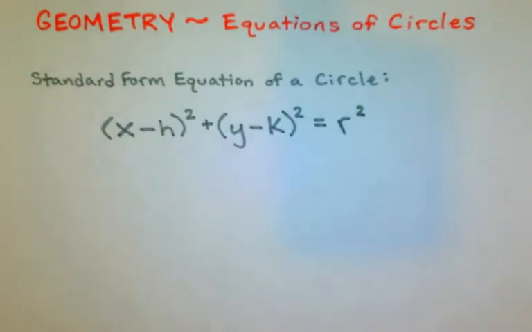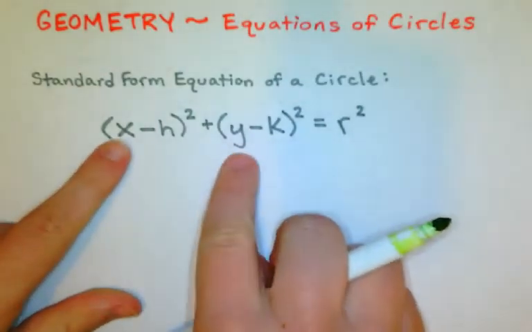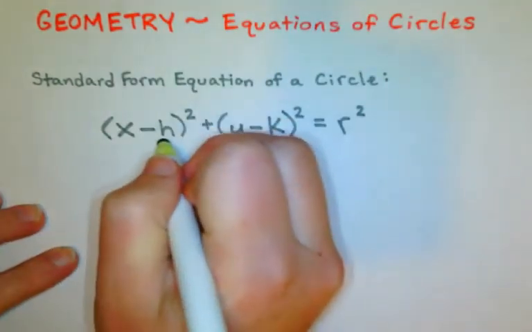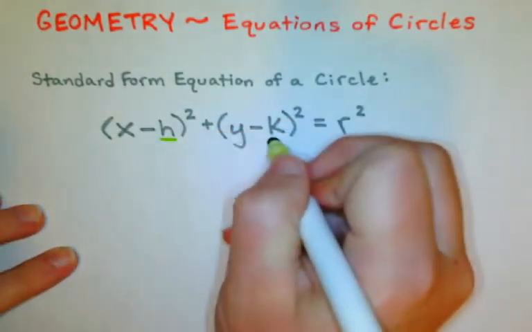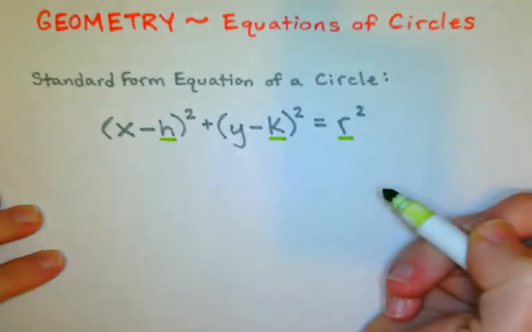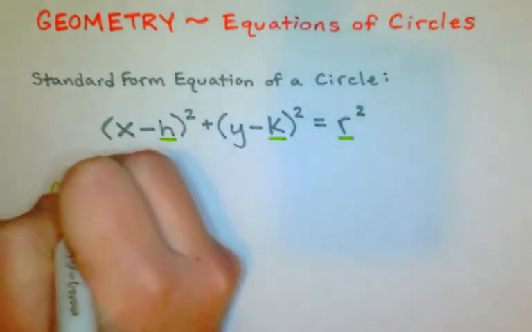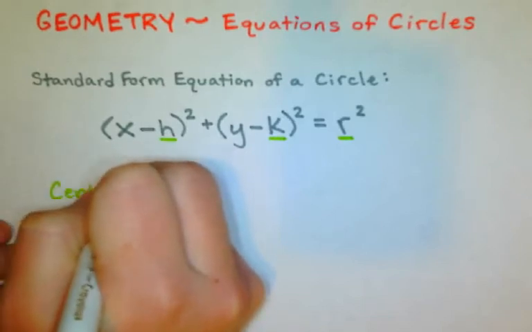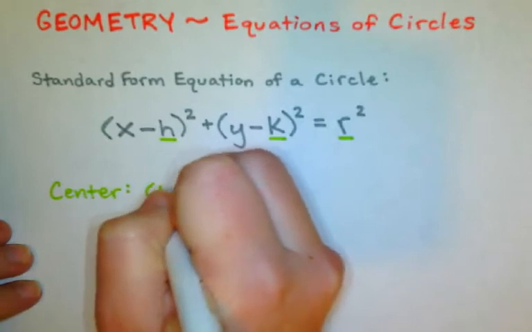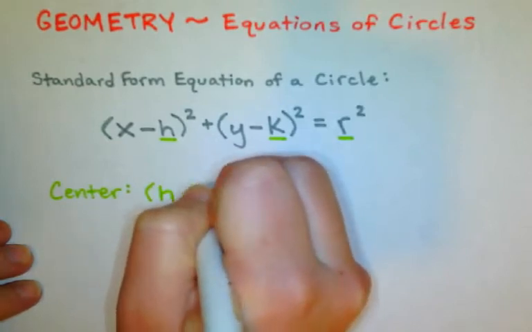Now, in this equation, the things that will always stay the same are the x and the y, and these squares with that plus sign in between. We will see numbers plugged in for h, for k, and for r. The center of the circle is always going to be at the point h, k.